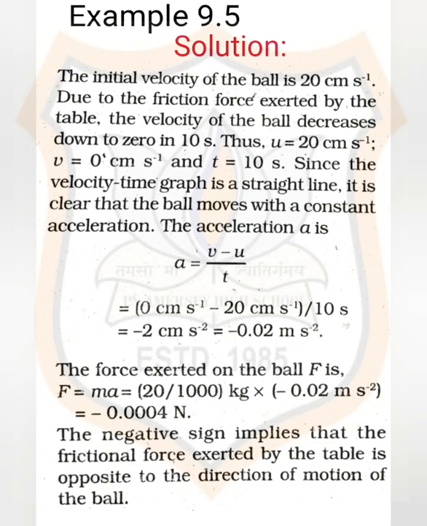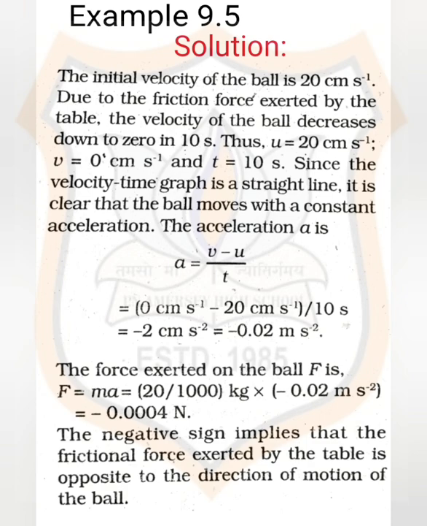According to the graph we are observing, in 10 seconds the velocity decreases from 20 to 0. Then u will be 20 centimeter per second, but the final velocity v will be 0 centimeter per second due to the friction force, and time taken is 10 seconds.